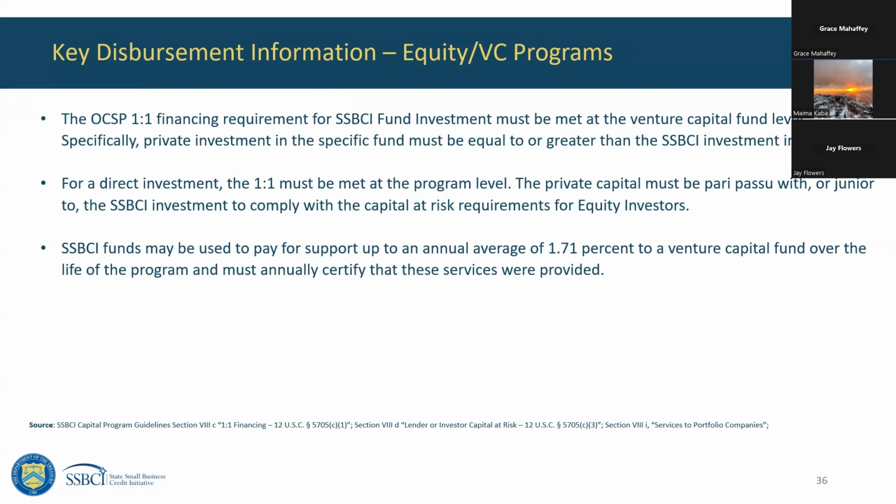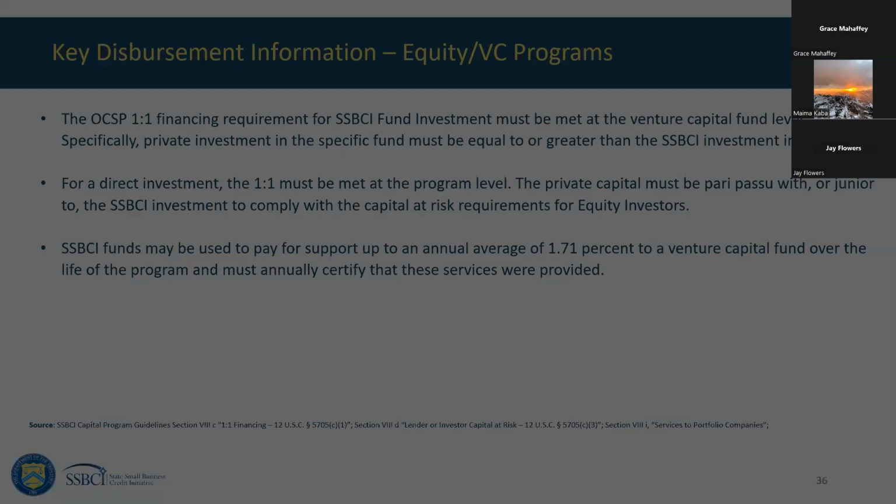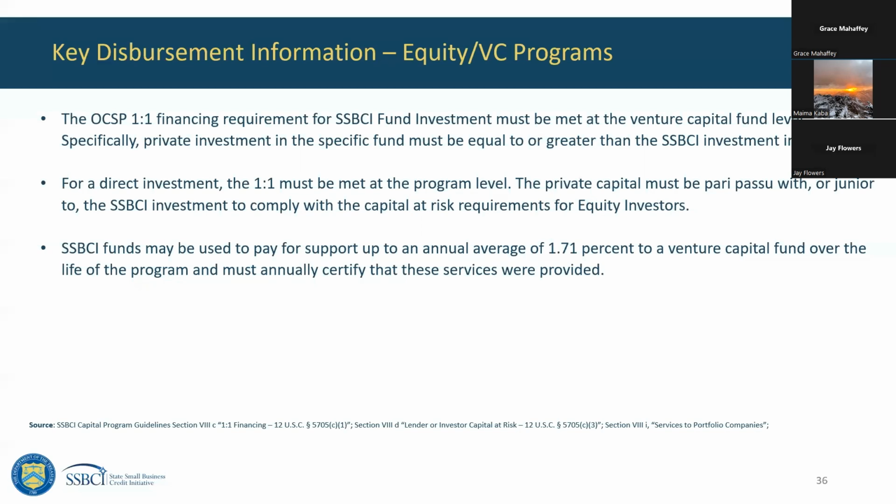The private capital must be pari passu with or junior to the SSBCI investment to comply with capital at risk requirements for equity investors. And SSBCI funds must be used to pay for support up to an annual 1.71% to a venture capital fund over the life of the program and must annually certify that these services were provided.